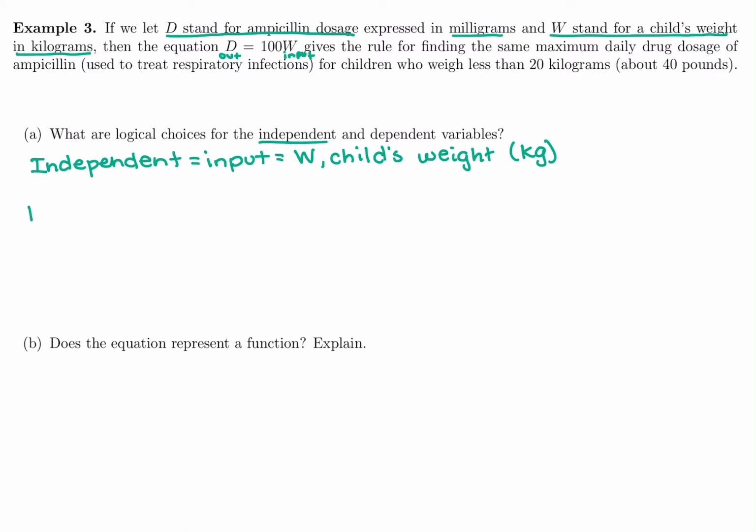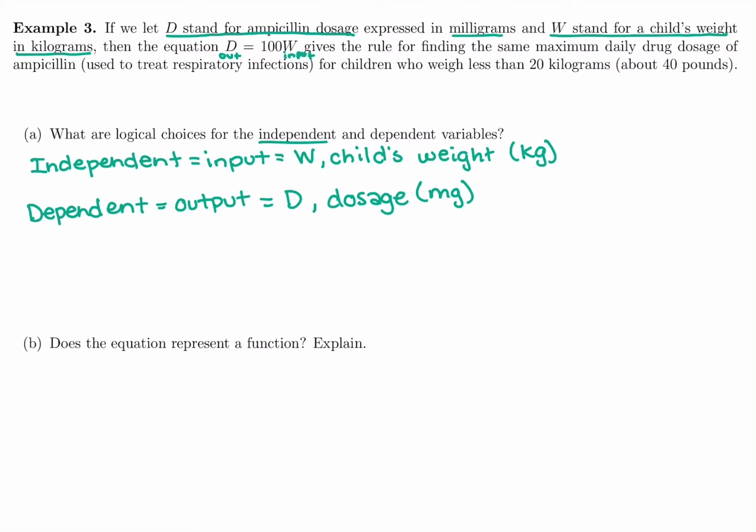And you're getting out the dependent variable. Your output is D, the dosage, in milligrams. And this makes sense. You tell me a child's weight, and I'll tell you how much the dosage should be.